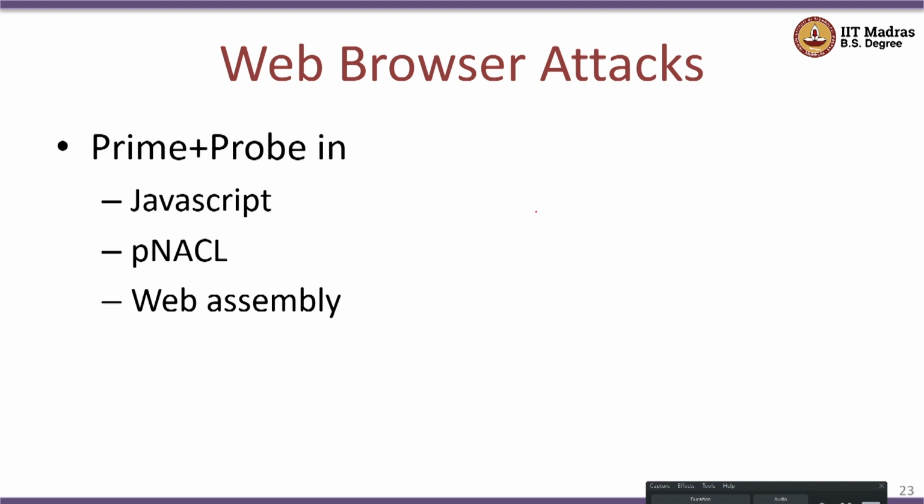It has also been used in web browser attacks, right? Especially if your browser uses JavaScript or the native client or WebAssembly. Your spy process can essentially execute, for example, as a WebAssembly or as a native client, and this could essentially lead to remote attacks.